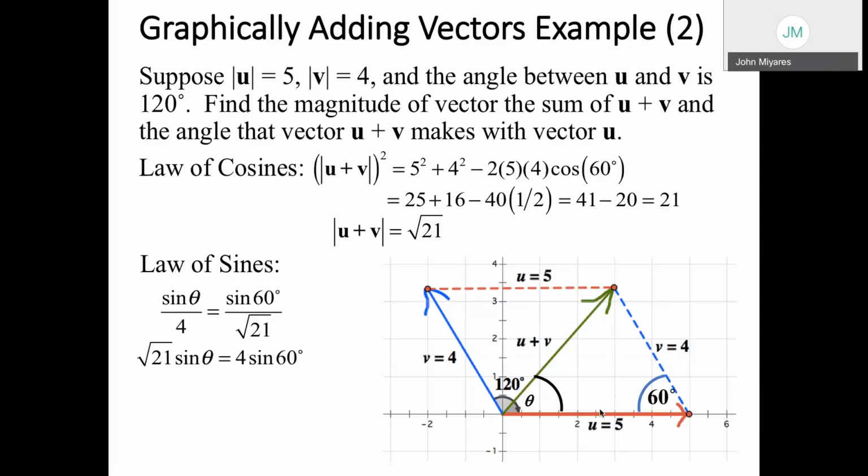Cross-multiplying, then dividing by the square root of 21 in order to isolate the sine of theta gives us sine of theta equals 4 times the sine of 60 degrees divided by the square root of 21. Decimalizing that gives the sine of theta to be approximately 0.755929.